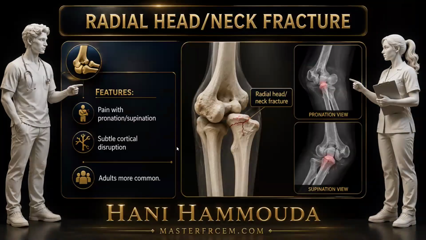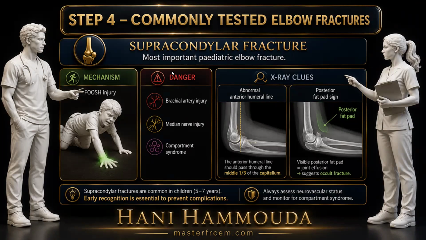Okay. So what are the classes of supracondylar fracture? I heard about something like the Gartland classification, an X-ray classification. Yes, if there is an occult fracture with no displacement, and only visualization of the anterior and posterior fat signs, that is type 1.